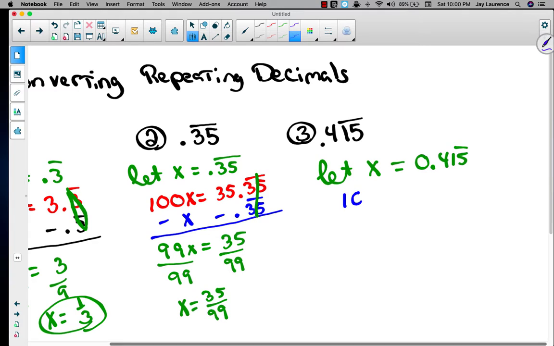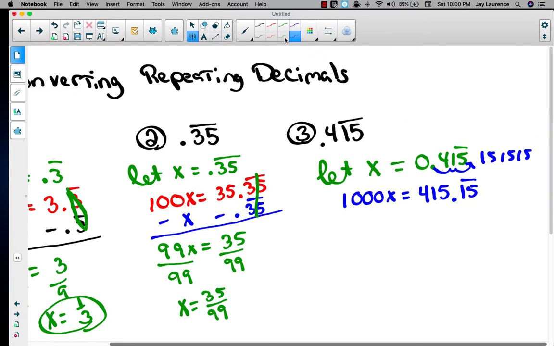Okay, so I'm doing 1,000x, and then that's going to equal 415.15 repeating. How do I know? Because when I multiply by 1,000, this decimal point moves 1, 2, 3 places to the right. And of course, there's a 1, 5, 1, 5, 1, 5 here forever, right?